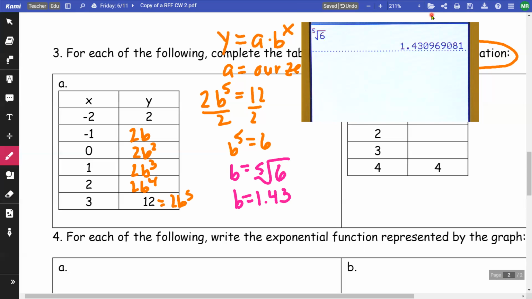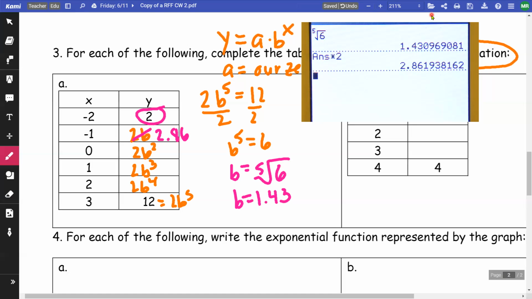And they want us to complete this table and then write an equation. So at this point, what I'm going to do is I'm just going to keep this number in my calculator, and I am going to times by 2, because that's what my first number is here that I know. So I'm going to times it by 2, and I get, let's say, about a 2.86.